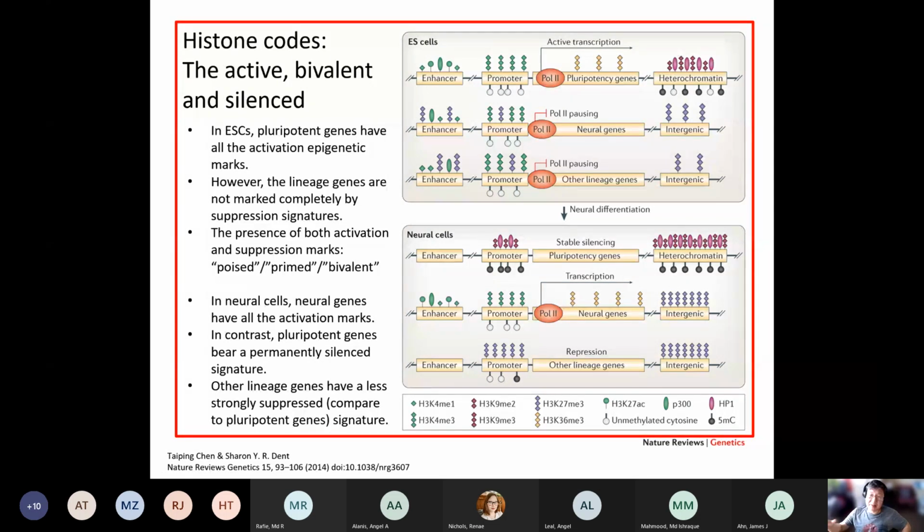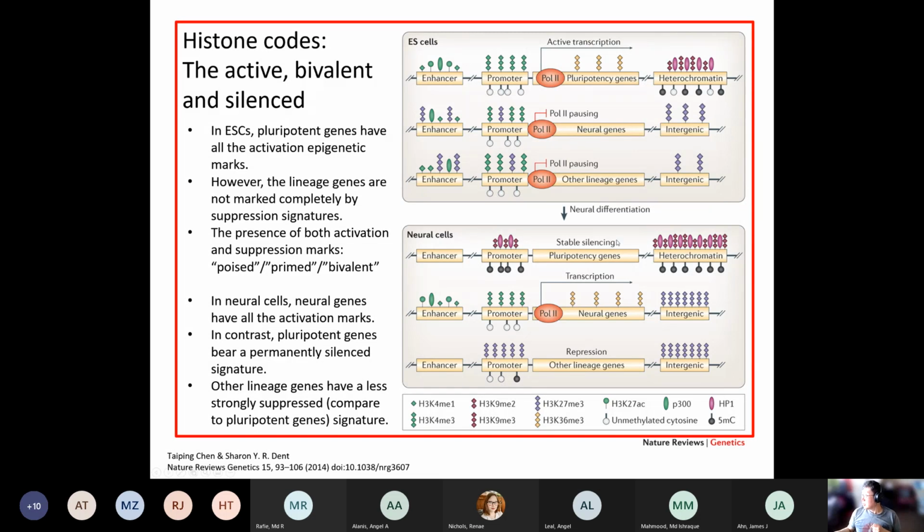You see the modifications are on different residues. Those two residues are quite close to each other, but they indicate different things. They will suggest different things. The K4 will indicate open chromatin, while K9 methylation will indicate closed chromatin. Apparently, they're mediating some structural change in a different way.